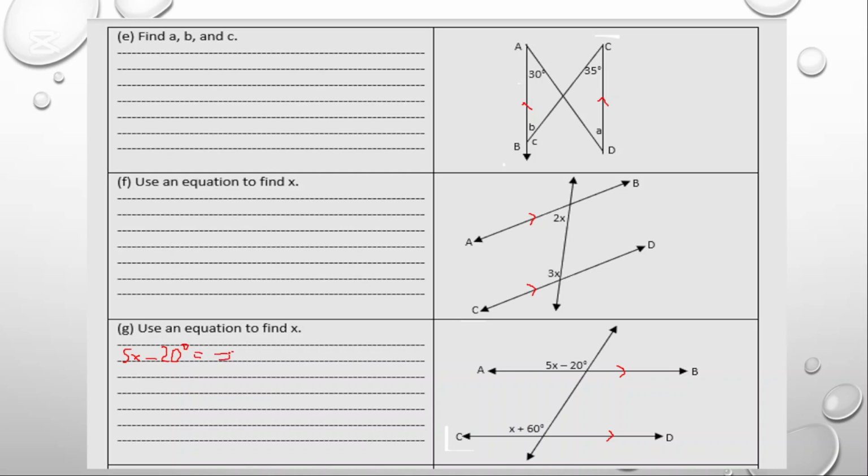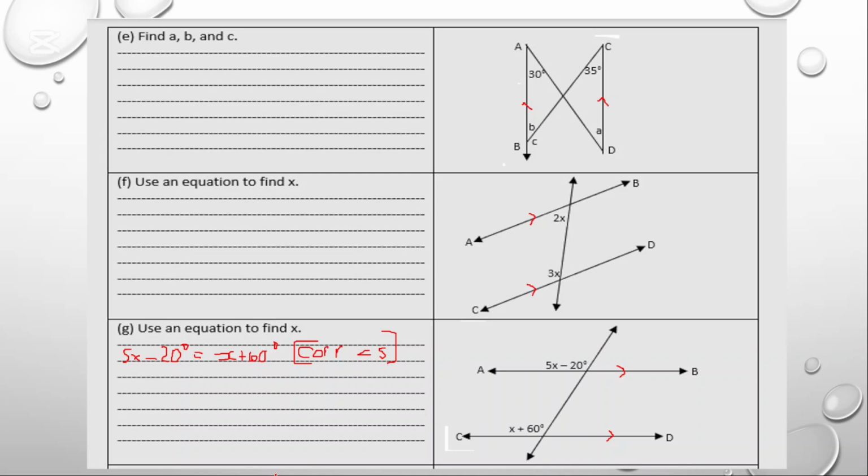Right. Reason, below the line, above the line, same side of the transversal, corresponding angles. So I'll just use the abbreviation, corresponding angles. Right.